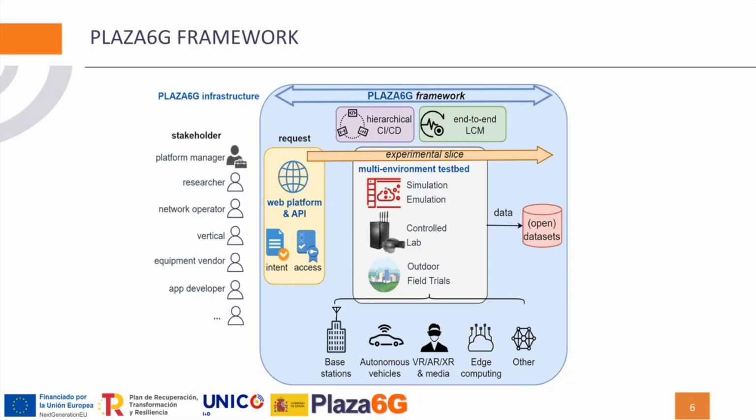If we take, for example, verticals, which is in fact the one that we handled, the typical request we got in projects is: I'm a vertical, I have this application, I want to put it at the edges of the network, so at the core and then at the edge in the device. I don't want to know anything about the 5G network that is in the middle. What I want to know is what is the delay and throughput I'm getting, and if this meets the requirements of my application, right? So this is the typical request.